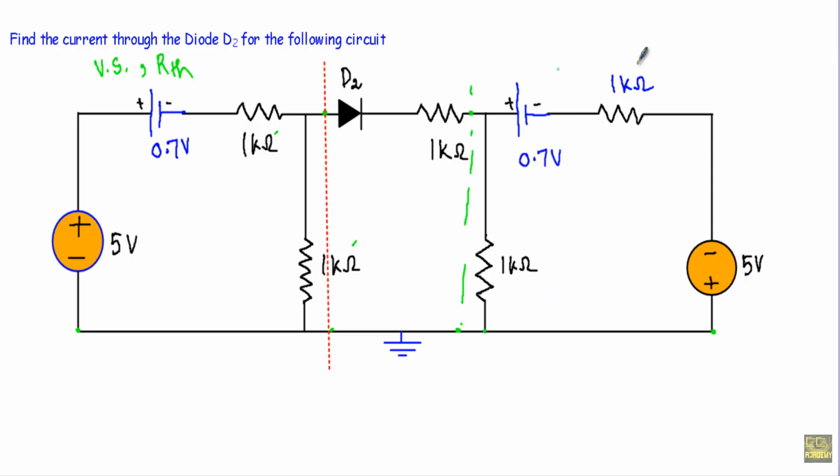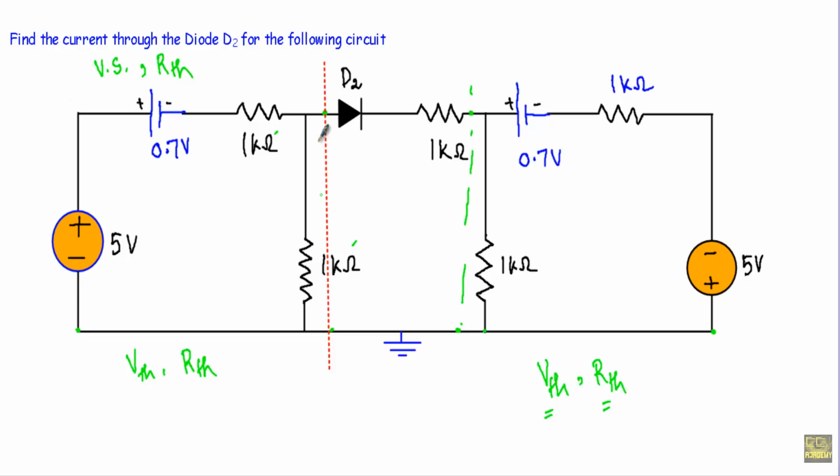That means I will reduce this portion in the right side to a Thevenin voltage and a Thevenin resistance. If I convert them into a single voltage source in series with a single resistor, that will not alter the property of the circuit.